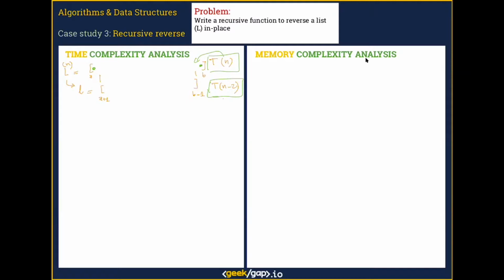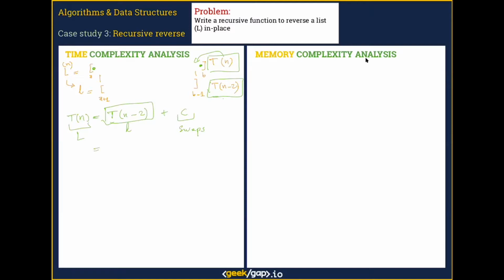So we can say that T of n equals T of n minus 2 plus a constant time. This T of n minus 2 is to solve little l, this is to solve big L, and this is the swaps. Does the formula make sense? Yes, it does.